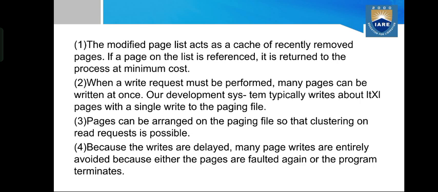If a page on the list is referenced, it is returned to the process at minimum cost. When a write request must be performed, many pages can be written at once. The system typically writes about 9 to 11 pages with a single write to the paging file. The pages can be arranged on the paging file so that clustering on the read request is possible.